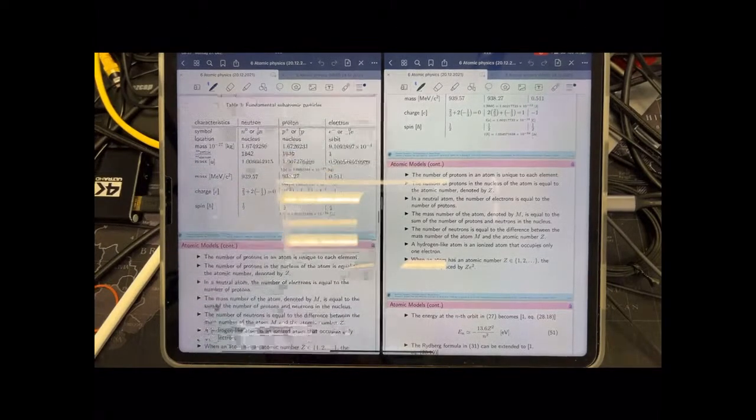That's a different story. The mass number of the atom, which is denoted by M, the capital M, is equal to the summation of the number of protons and neutrons in the nucleus. M is above and Z is lower, on the left side of this letter.